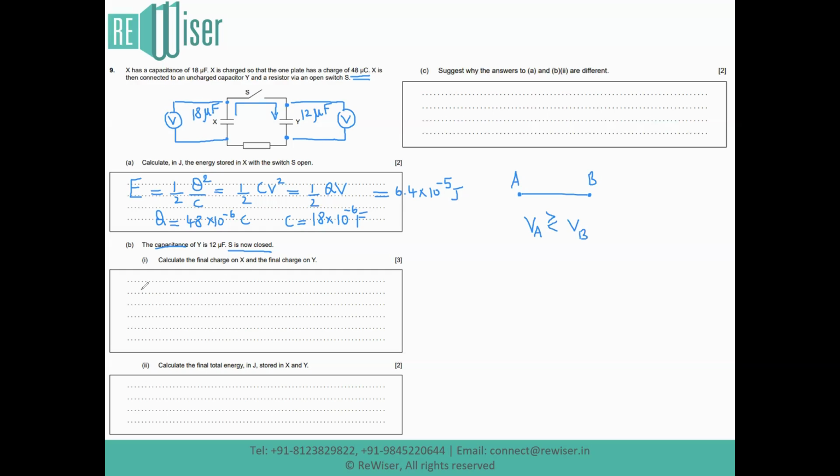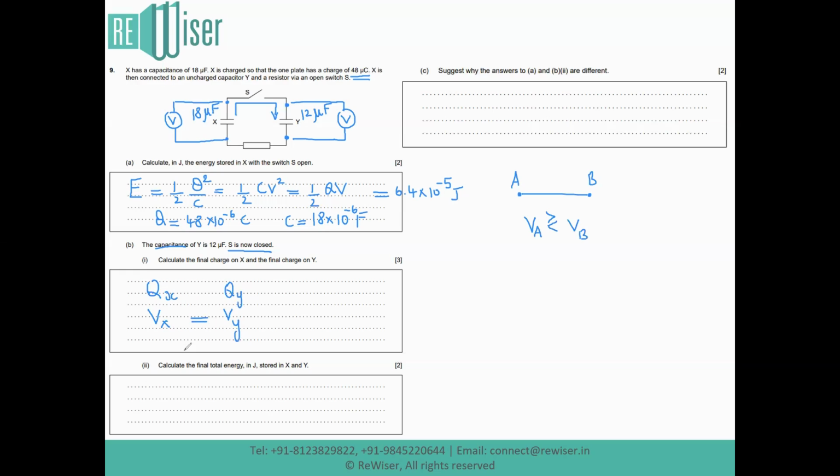So we are going to assume that the potential across the capacitor X is Vx, while the charge is Qx. The potential across the capacitor Y is Vy, and the charge is Qy.